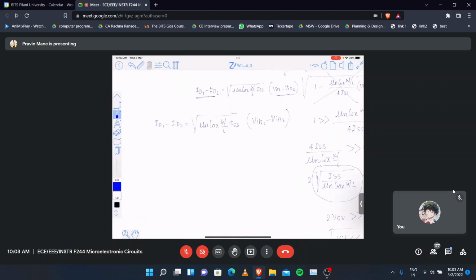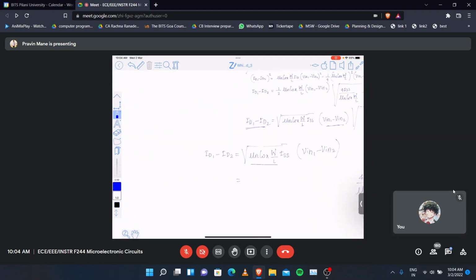Now we call this delta ID. How can this be written? What is the value of mu n Cox W by L? You know the equation for the current: ISS by 2 is equal to half mu n Cox W by L times VOV square. I use I and ISS interchangeably.